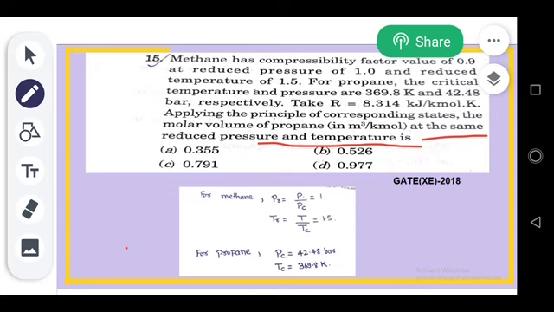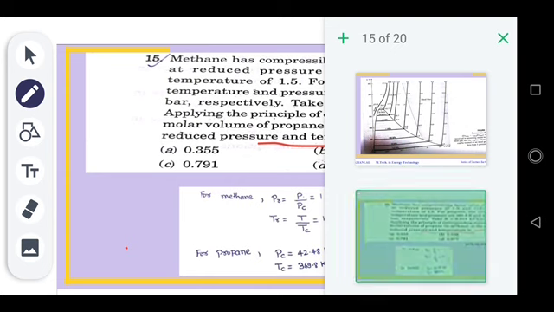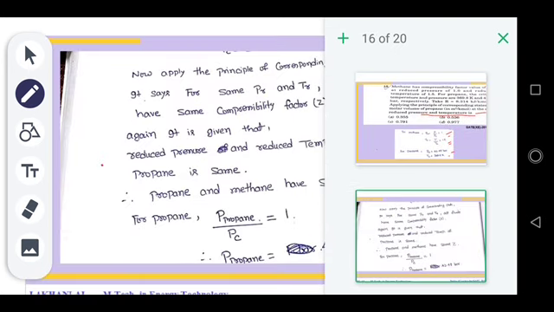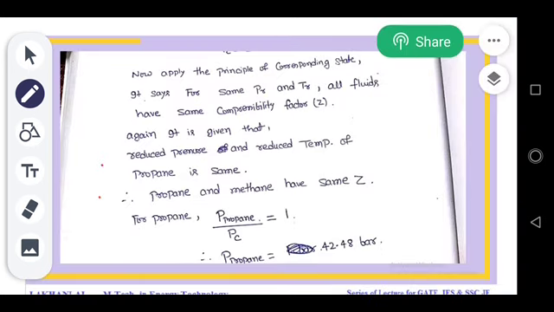Okay, so see here, PR is given, this is given. You have PC, TC for propane. So now apply the principle of corresponding state. It says that same pressure, okay, and like this. So for propane, pressure of propane divided by critical pressure is equal to 1, right?